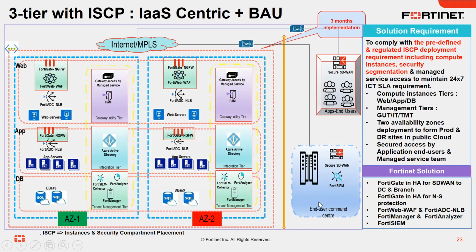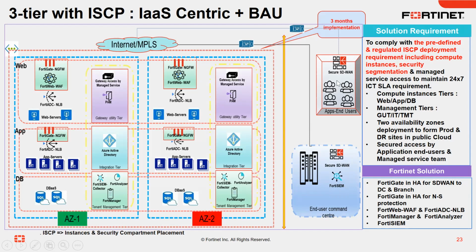Within the command center at the customer premises, we have a secure SD-WAN to connect to this public cloud. We also have a FortiSIEM solution to ensure security and incident event management requirements, to avoid any zero-day attack here. From the end user itself, it is very straightforward.